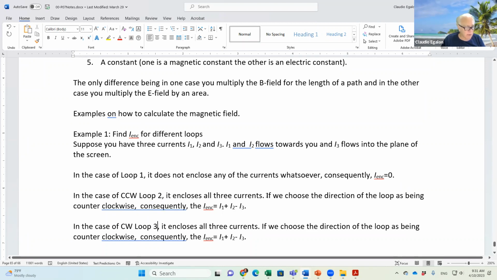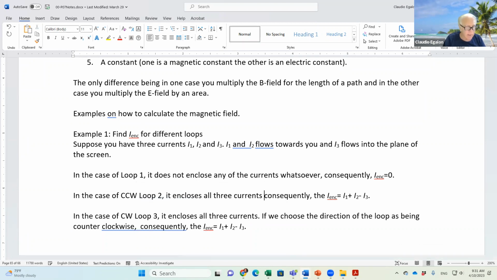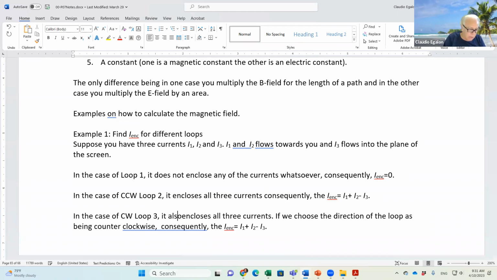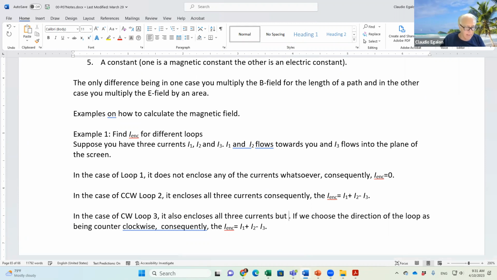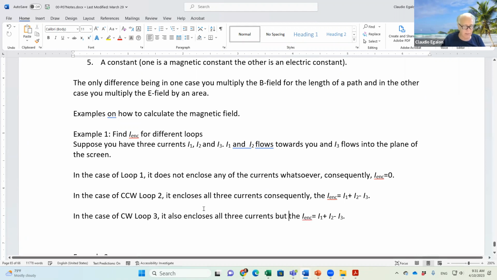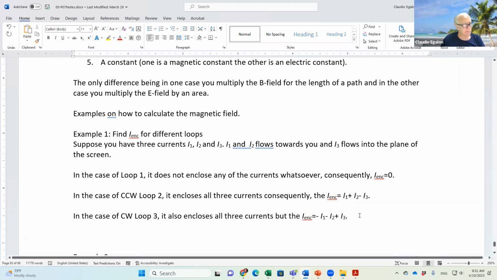But the enclosed current is going to have the opposite sign from what we had before. Make sense? Simple, right?